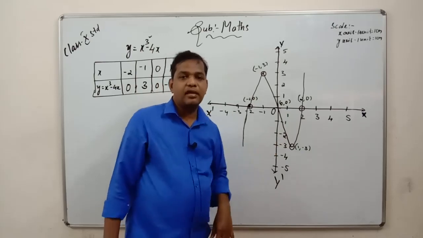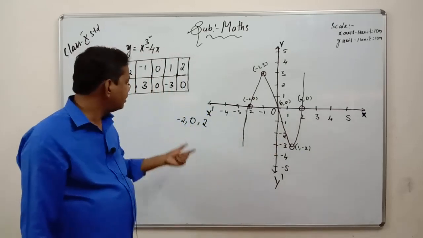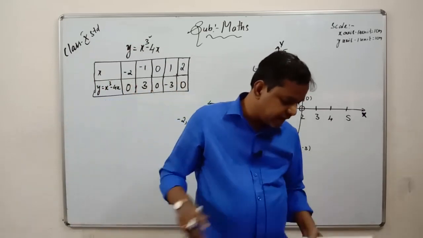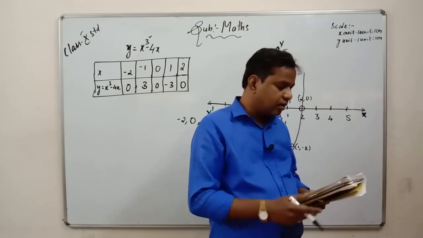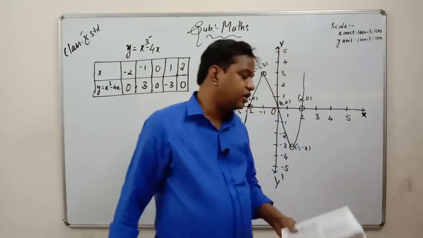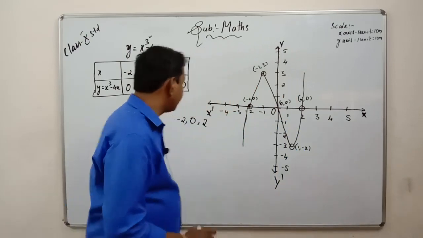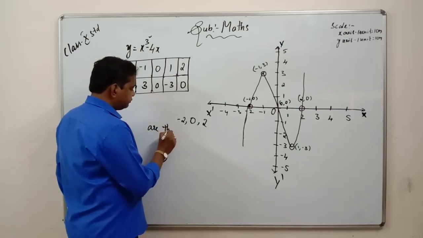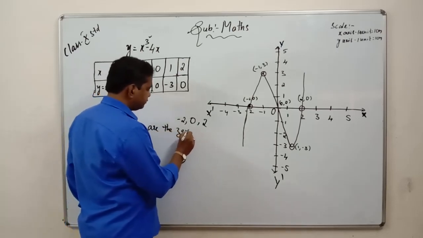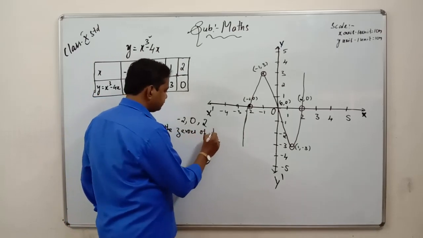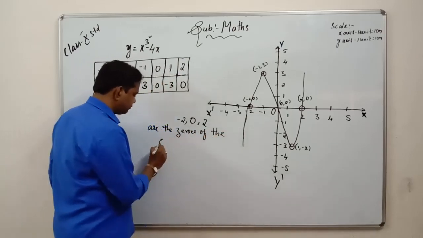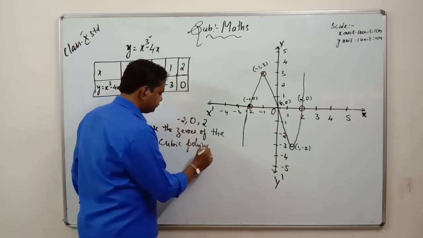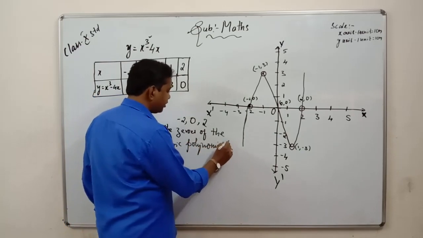So the zeros of the cubic polynomial here are minus 2, 0 and 2. You can write: minus 2, 0 and 2 are the zeros of the cubic polynomial.